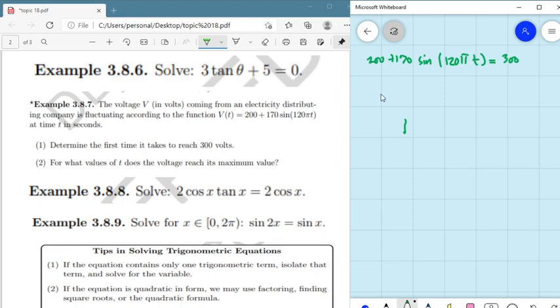Okay, solving the value of t, we can now have 170 sine of 120 pi t is equal to 100, subtracting both sides by 200, then dividing both sides by 170. So we now have sine of 120 pi t is equal to 100 over 170.